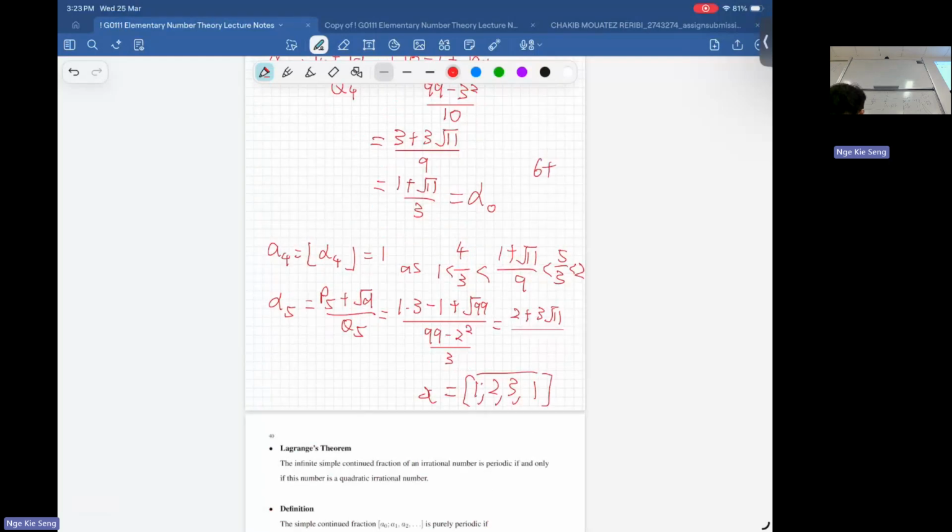So I should get 6 plus 3 square root 11. Also not quite right.